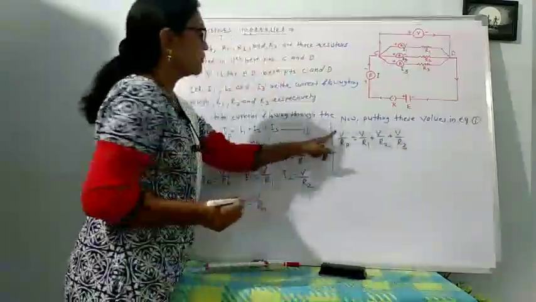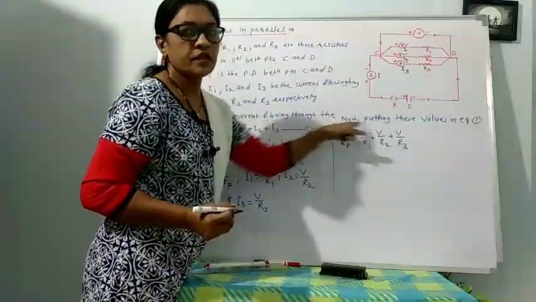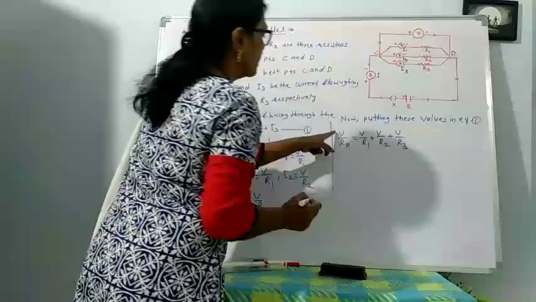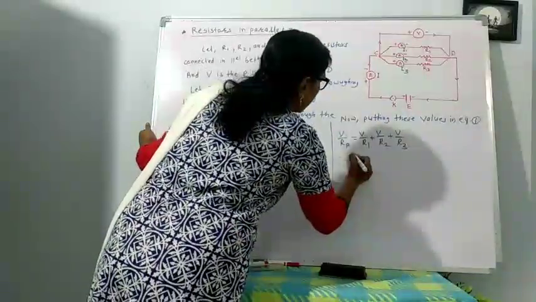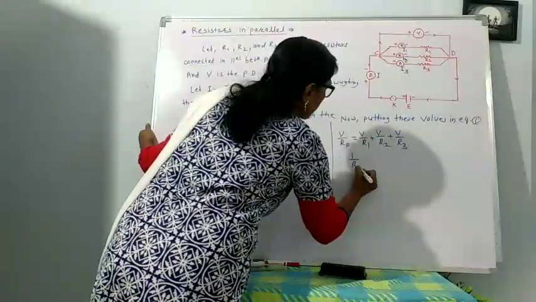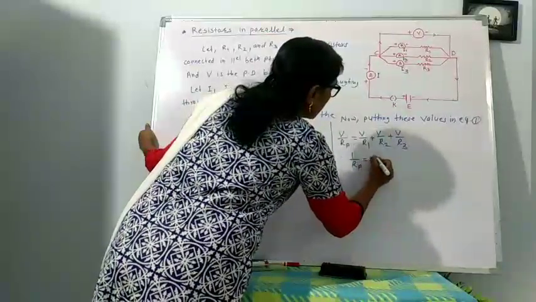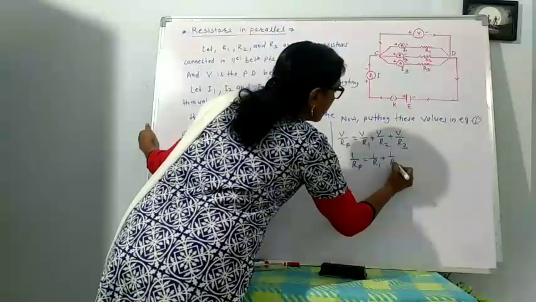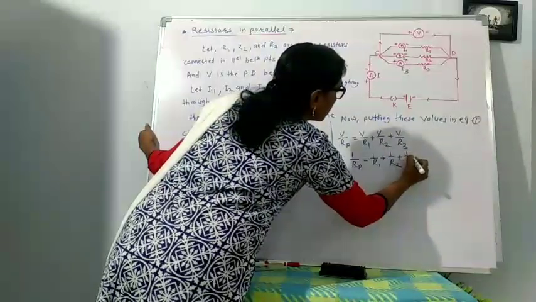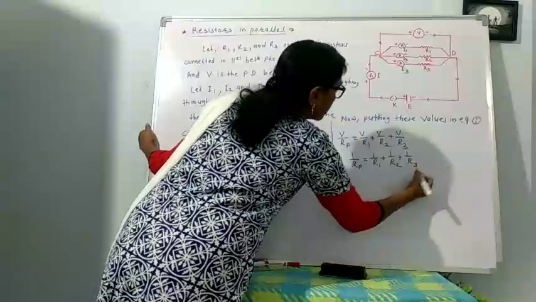Now here V is common, so dividing this equation by V, we will get the equation 1 upon RP equal to 1 upon R1 plus 1 upon R2 plus 1 upon R3.